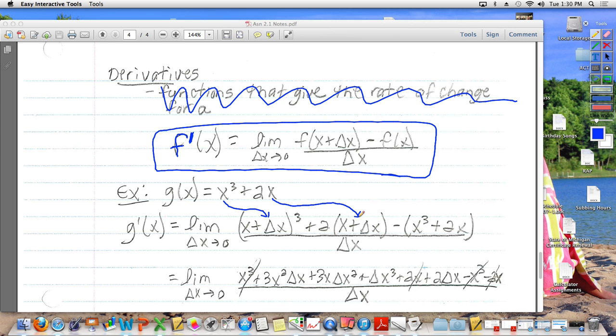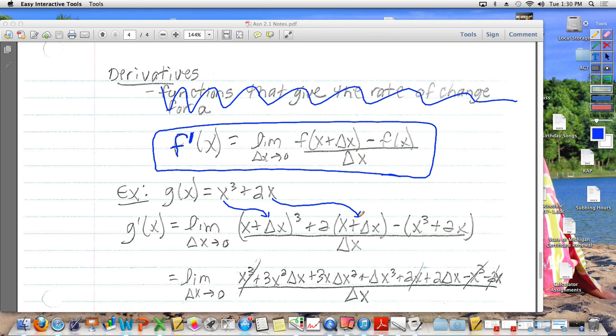So what I did next was I actually did this, x plus the change in x cubed, and I said go ahead and get out your notes. Write down what your notes say. And your notes say that x plus the change in x cubed is the same thing as x cubed plus 3x squared change in x plus 3x change in x squared plus change in x cubed.